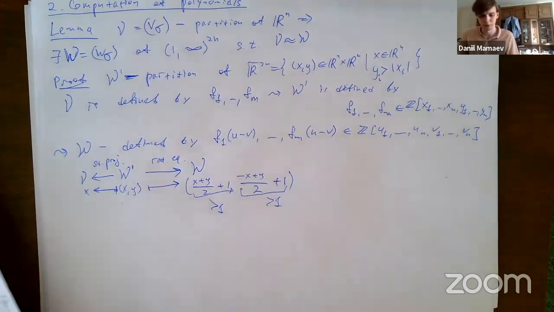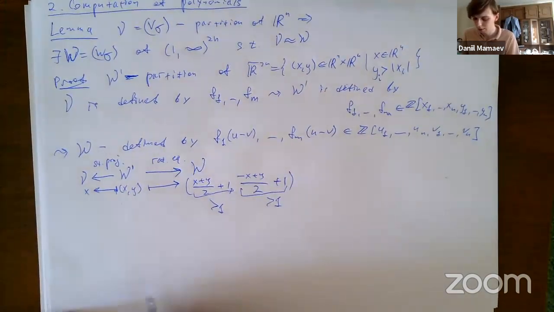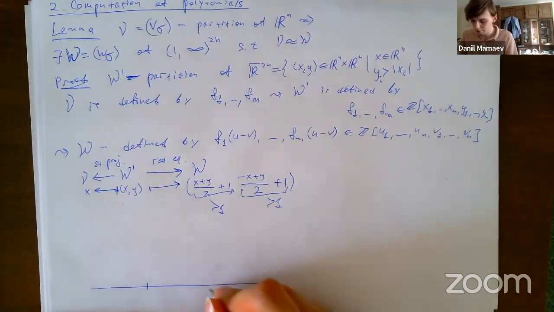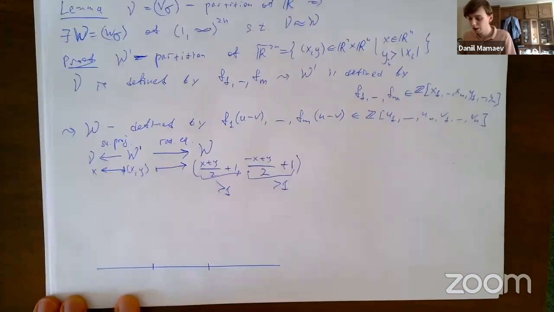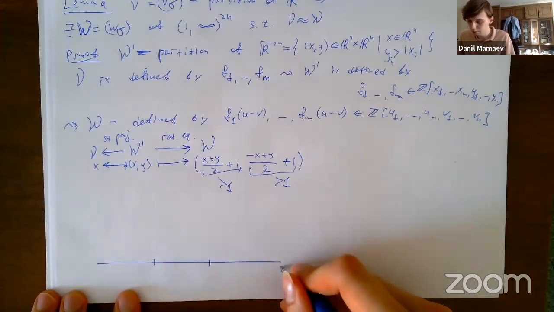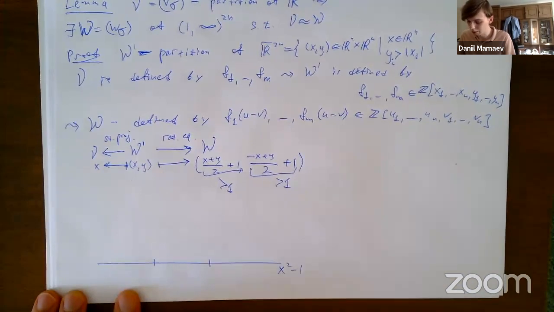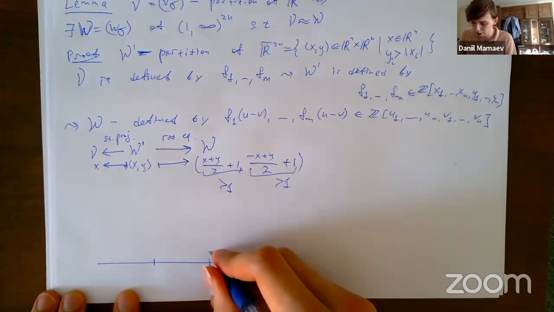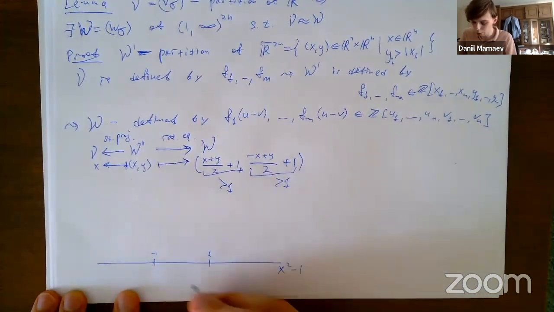Let me draw an example. If you have some partition defined by the polynomial x squared minus 1, this is 1, this is minus 1. So we have how many parts?